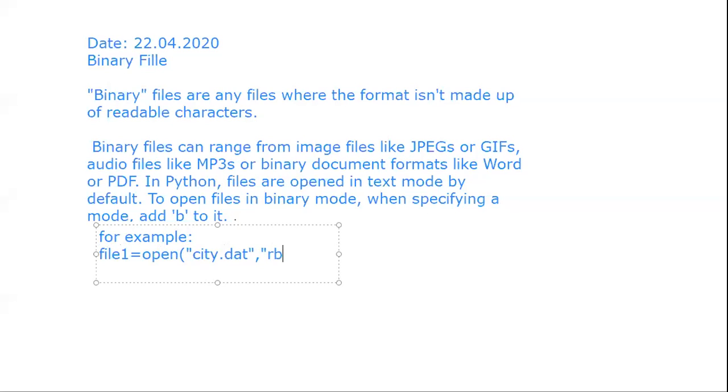I want to open this file in read mode, so this is the file mode for read. Suppose I want to open this file in write mode, then WB. So this is the example of read mode of a binary file and write mode for a binary file.